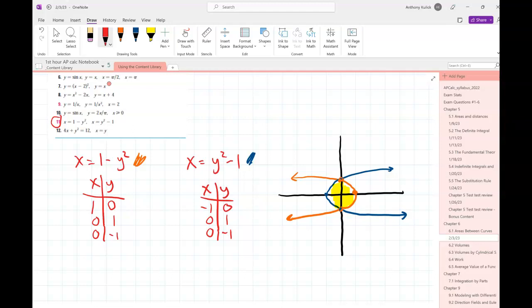So the rectangles we're building are like here. So the width there is like dy, and the height would be the one on the right minus the one on the left. Everybody's okay with that?